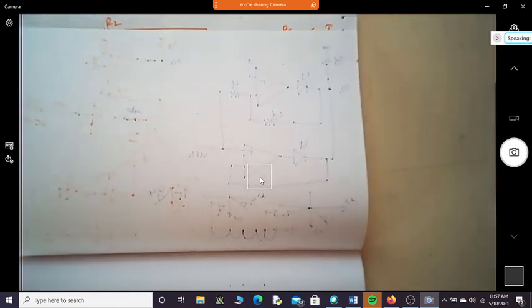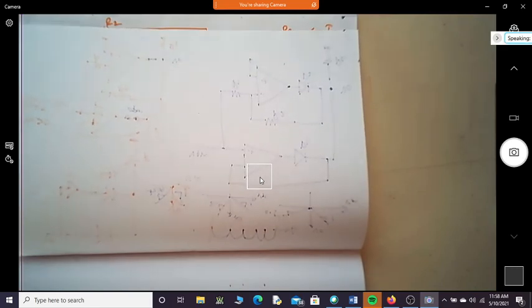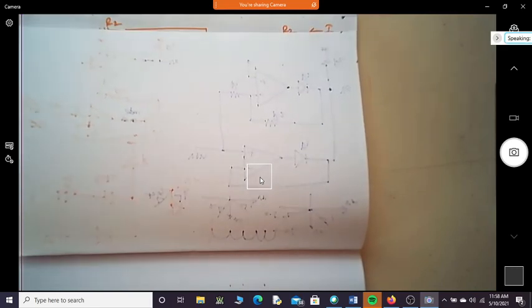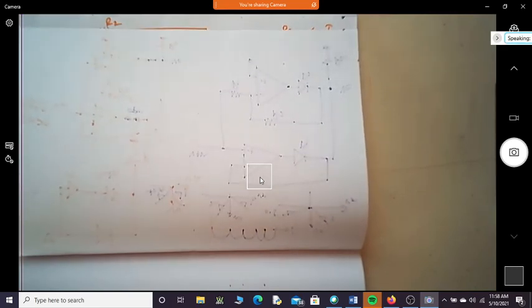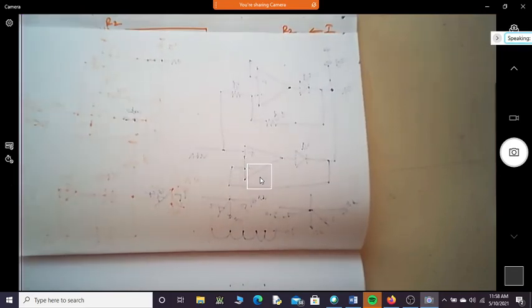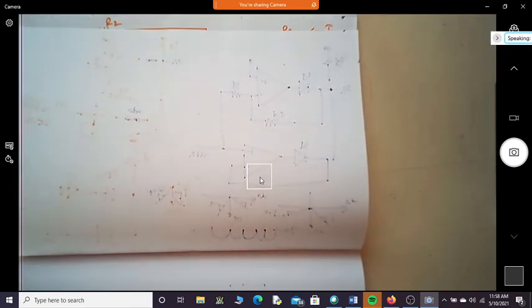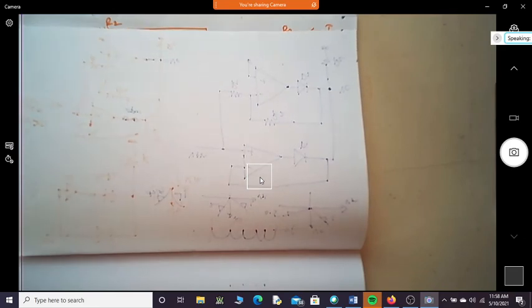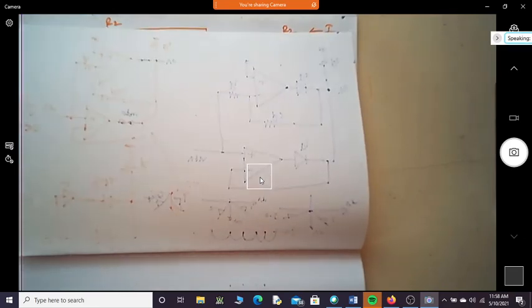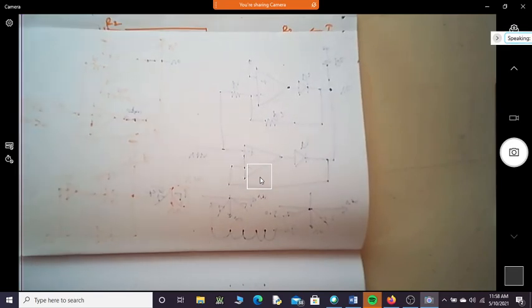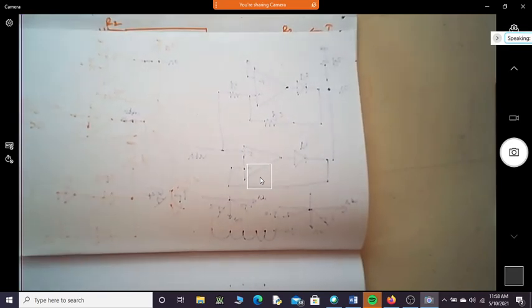Could people realize what the free running frequency in a PLL is? What is that? That is when the error voltage is zero. When there is no error, it is running with some frequency.